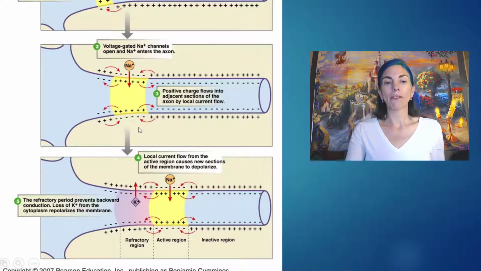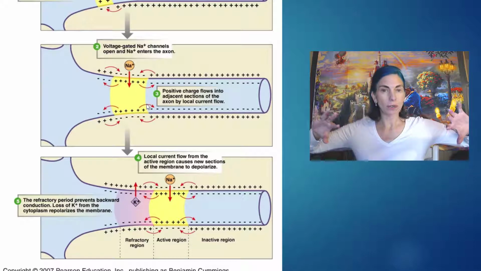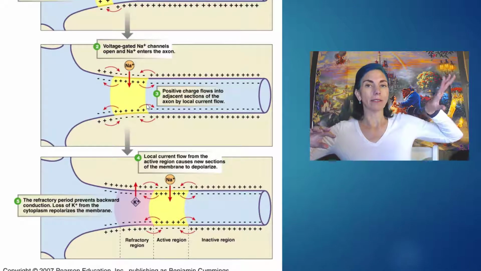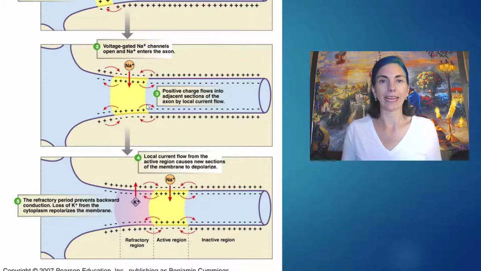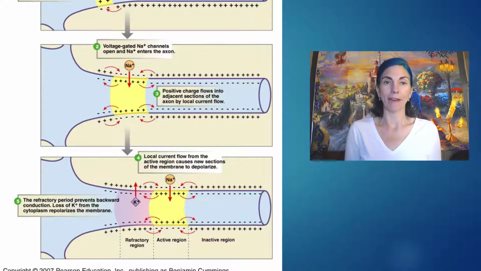The only parts of the membrane that are responsive are going to be parts further downstream the axon, in other words, farther away from the cell body. And so in this way, even though positive charge comes into the cell and diffuses both directions, only one direction responds. The other direction does not do anything. And so this allows for the action potentials to continue to propagate in one direction.